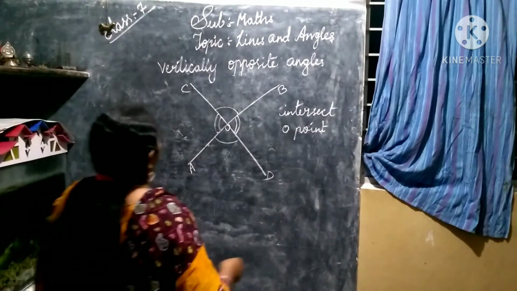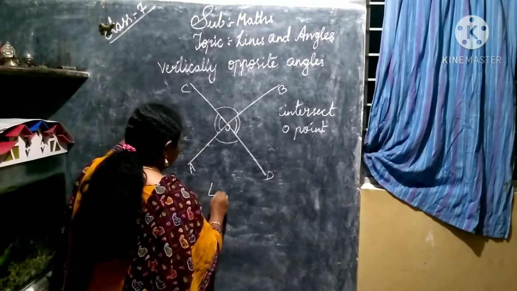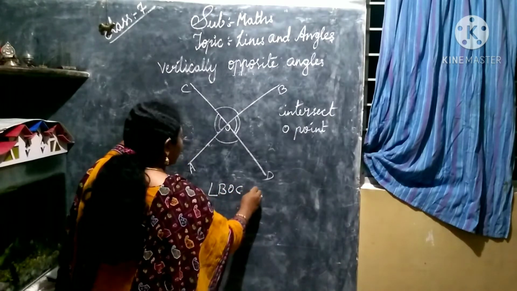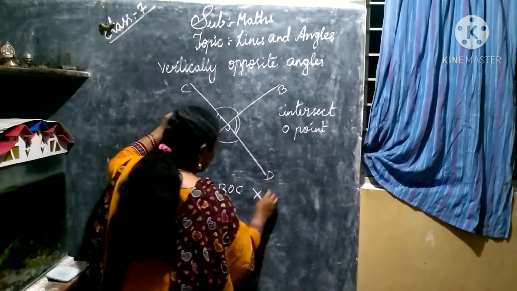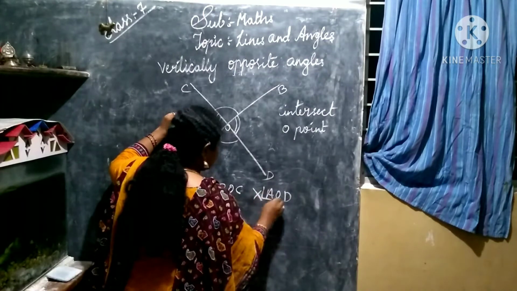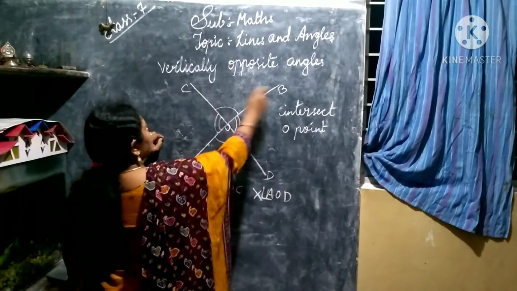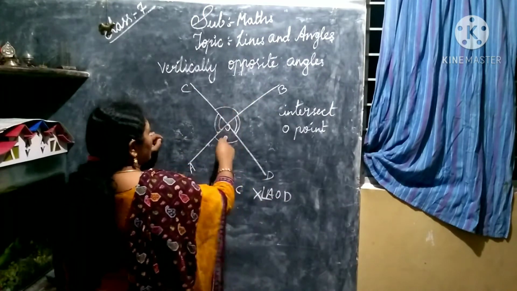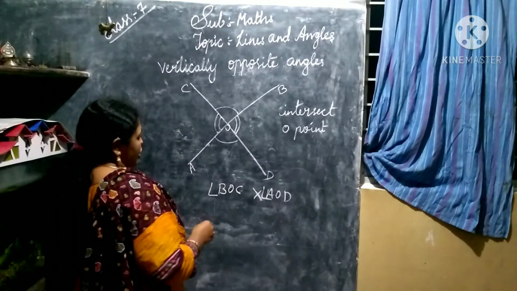Here we have angle BOC, which is opposite to angle AOD. So AOD and BOC are vertically opposite to each other.